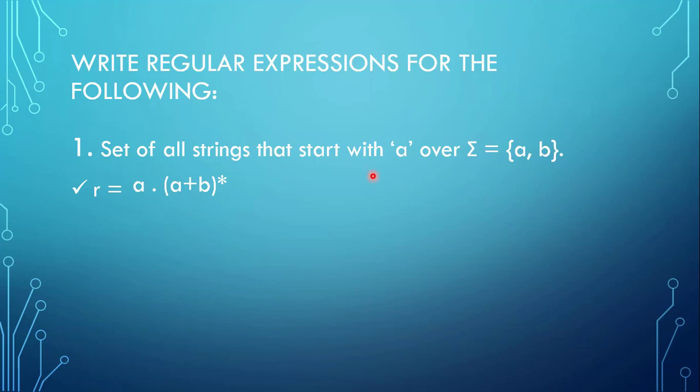And the condition that we need to apply is that our regular expression should start with A. So here we will apply A at the beginning and (A plus B) star will be there to conclude the complete question. Now L of R that will get generated will be A, AB, AAA, AB, and so on, where always the string which starts with A will get accepted by our regular expression.